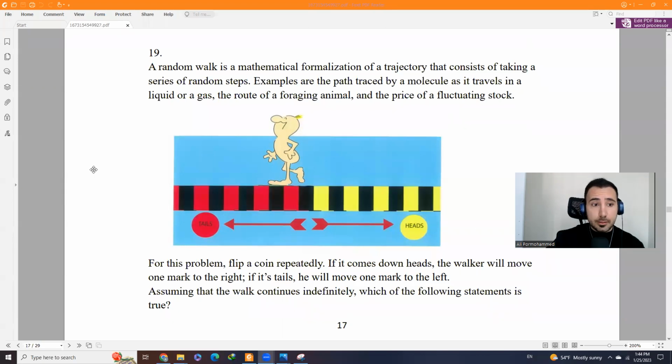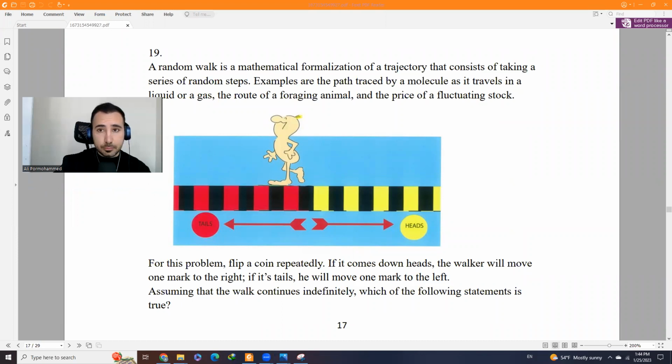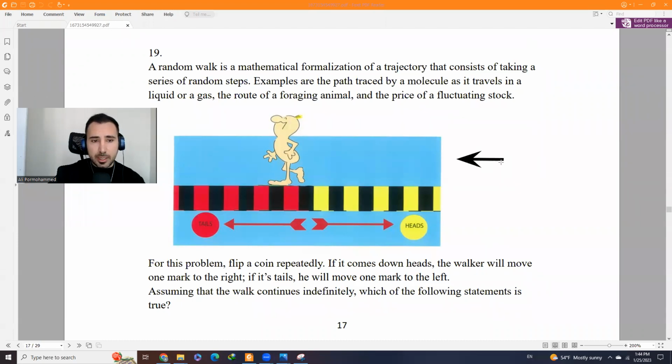So I think the model we could start by, what if we have only one step, right? Then we have to go left or we have to go right. So definitely we can't go back. But what if we have two steps to take? Well, the options are right and right. We could go right and left.